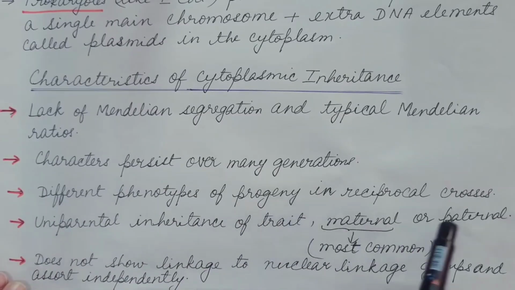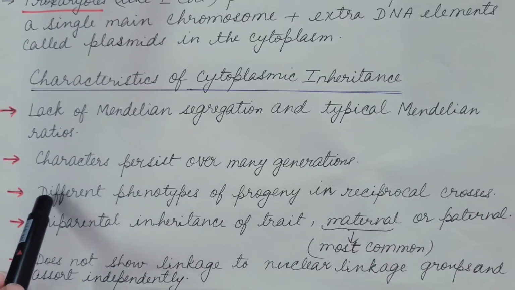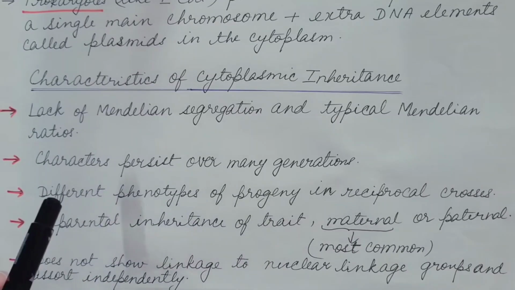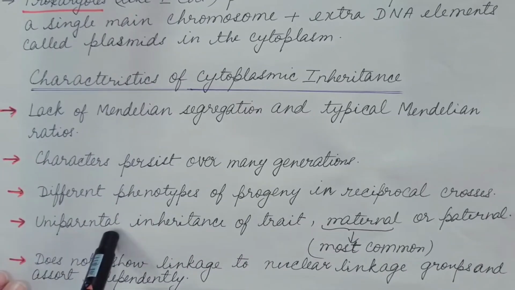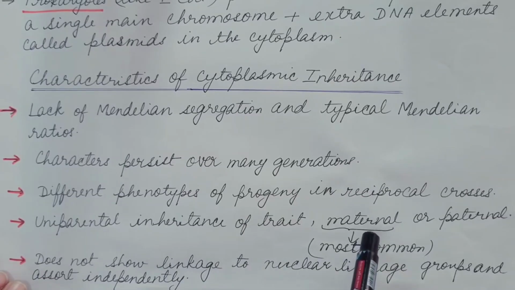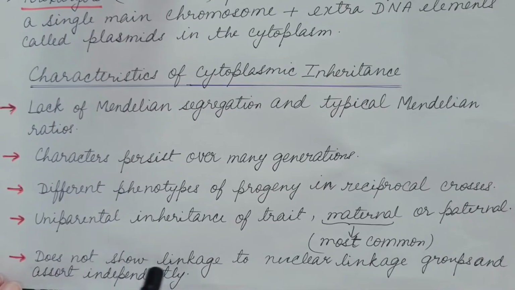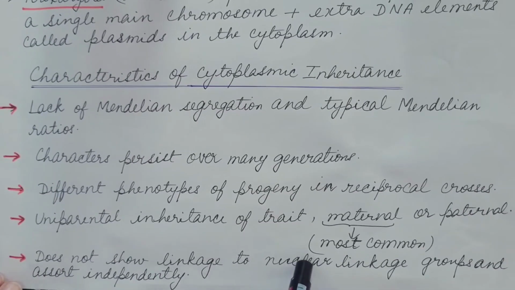And in the case of reciprocal crosses, different phenotypes of progeny are obtained. These show uniparental inheritance of traits, either maternal or paternal, but mostly it is maternal. These do not show linkage to nuclear linkage groups and assort independently.